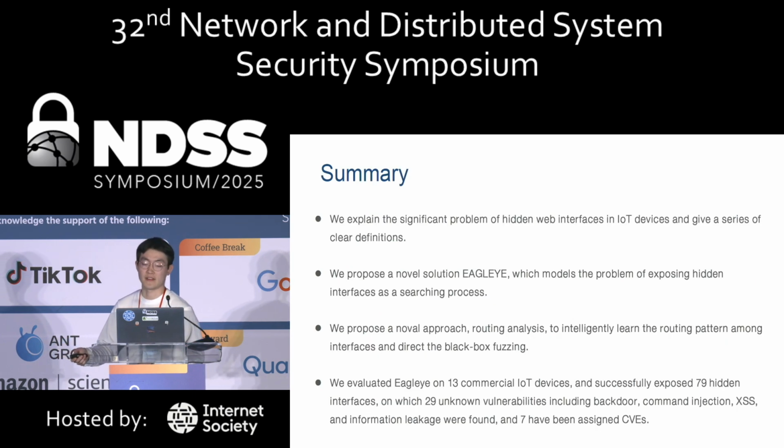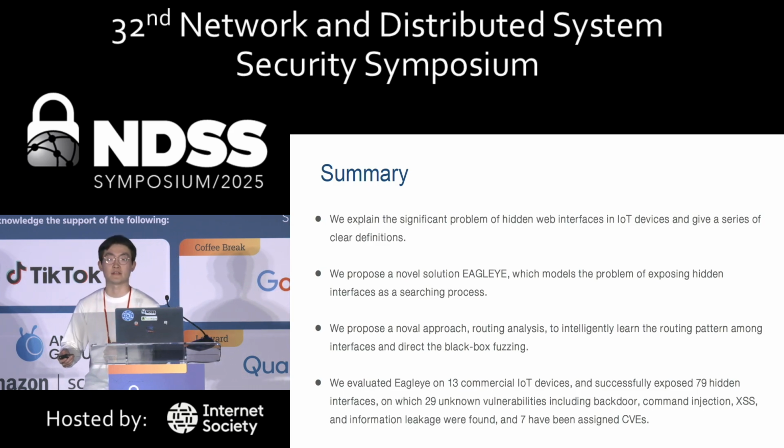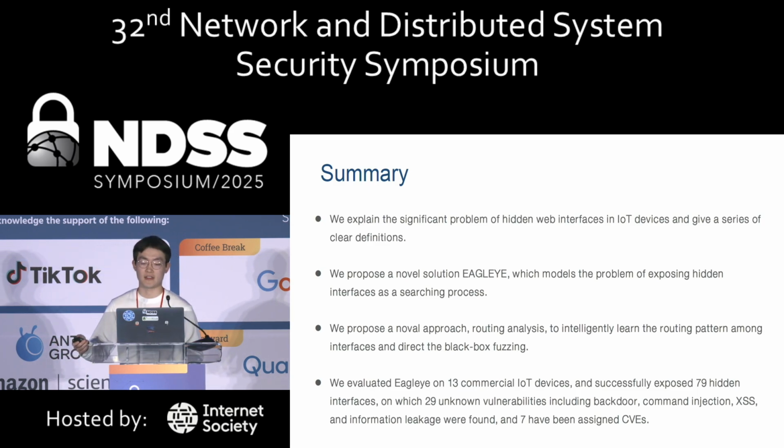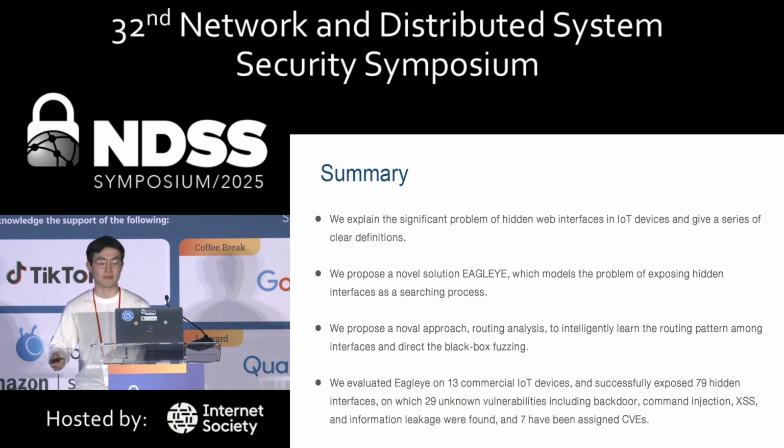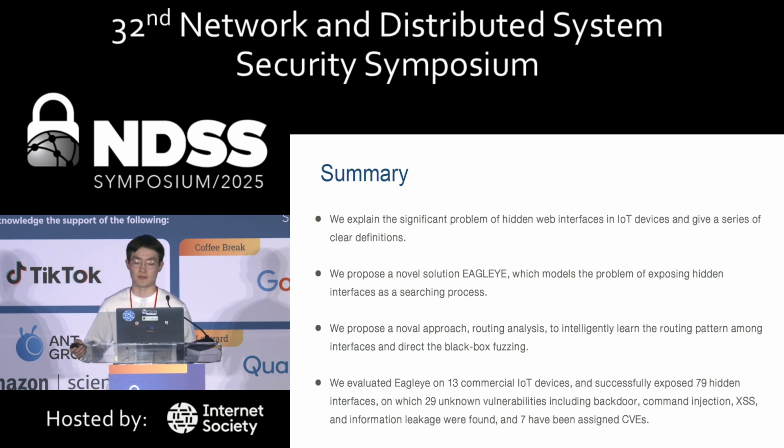In summary, they explain the significant problem of hidden web interfaces in IoT devices and give us a series of clear definitions. And they propose a novel solution, EAGLEYE, which models the problem as exposing hidden interfaces and the searching process.